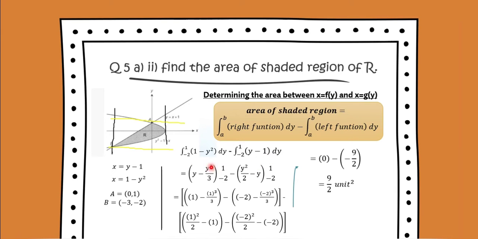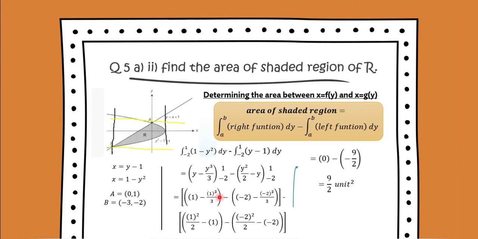Then integrate. When you integrate 1, you will get y, and when you integrate y squared, you will get y cubed over 3. When you integrate y, you will get y squared over 2, and when you integrate 1, you will get y.